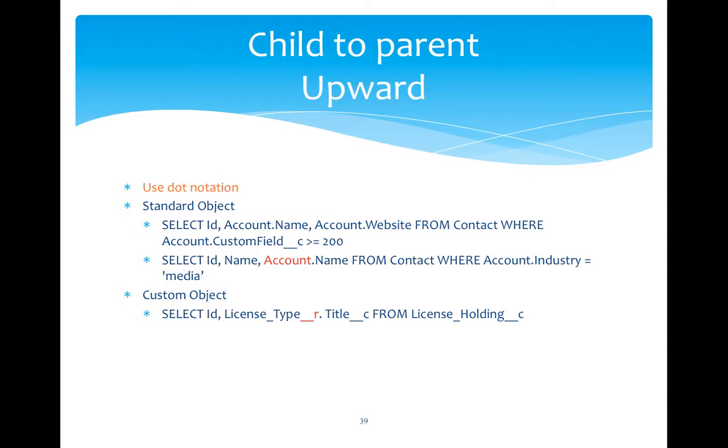If I understand this via a custom object, it is something like this: I want to fetch all the license holdings which have a particular license type. So this is how this query is written here.